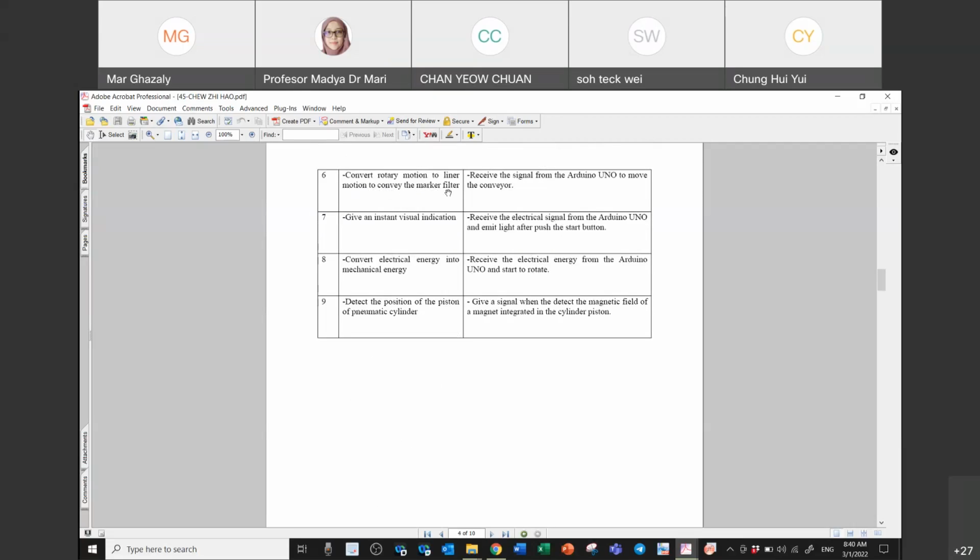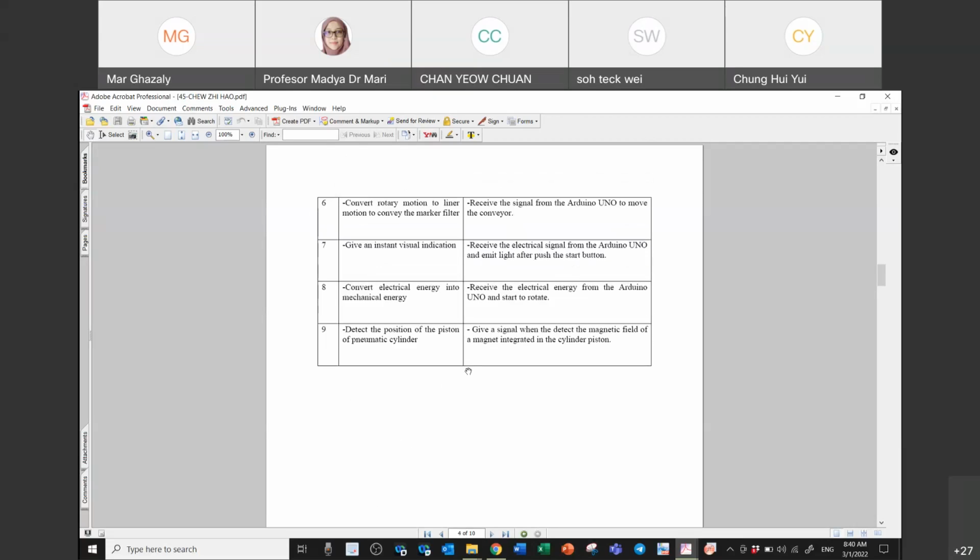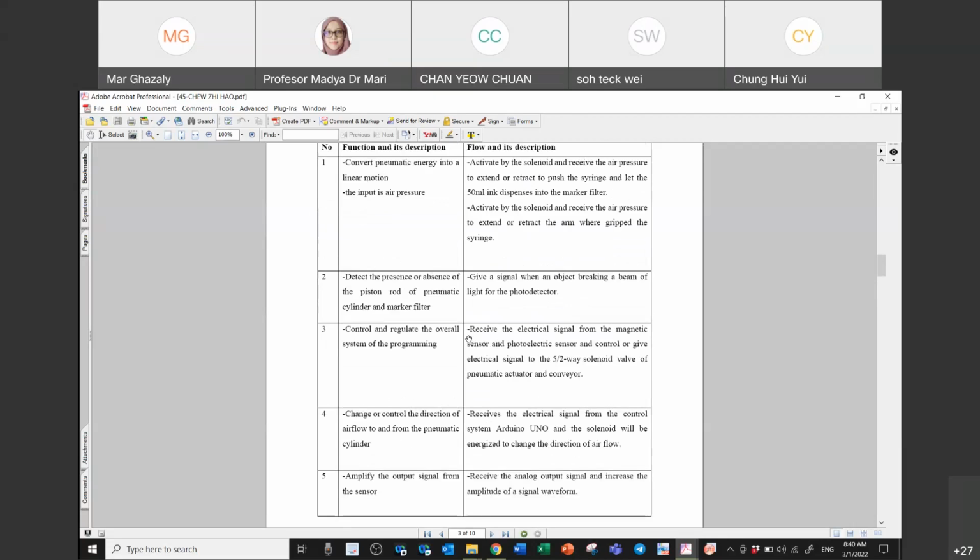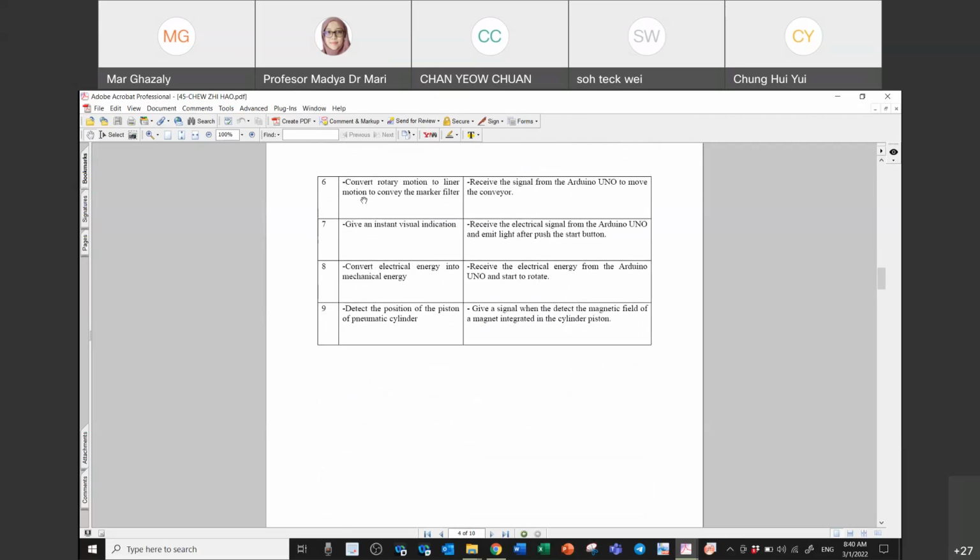Convert rotary motion to linear motion to convey the marking. I'm not sure about this. What does it mean, Chu?